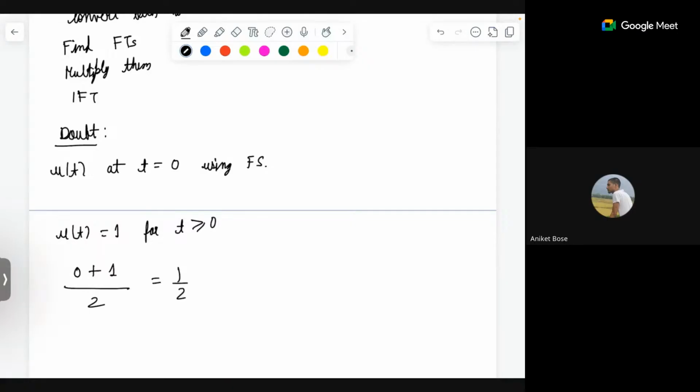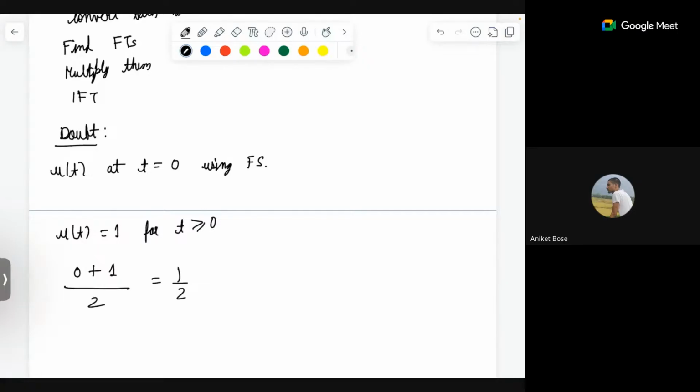No, ma'am, I know this calculation, but from the Dirichlet condition, the Fourier series will converge to the average value, right? That's where the Gibbs phenomena comes from, but I want to know if there is some way to prove this. Okay. See, first of all, u(t) is not a periodic signal. Yes, ma'am.